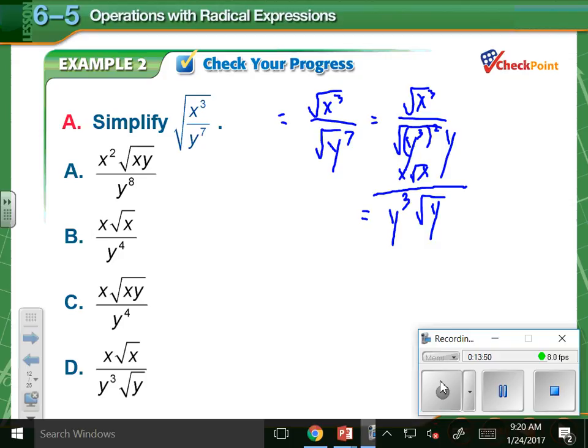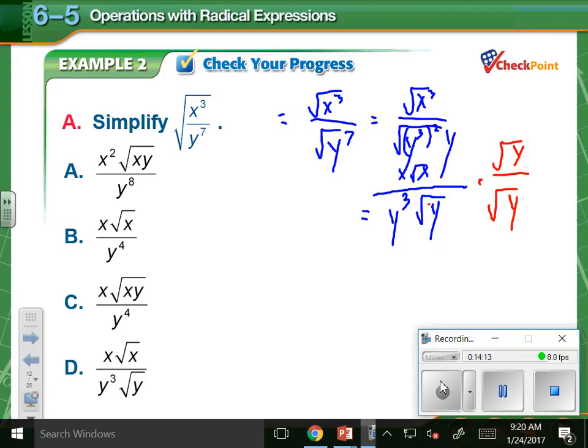So if I rationalize the denominator, well, I'm not done because I didn't rationalize the denominator. So I need to multiply by whatever will get rid of this radical, square root y over itself.